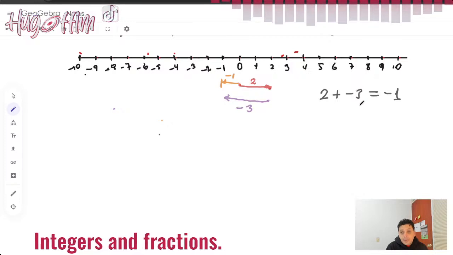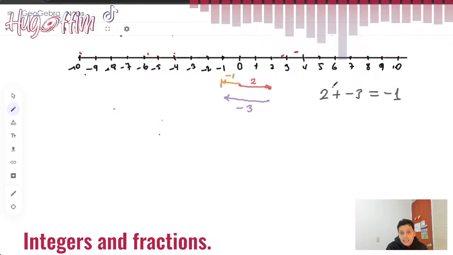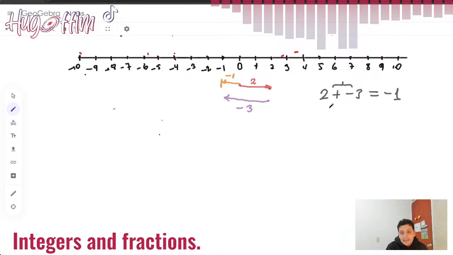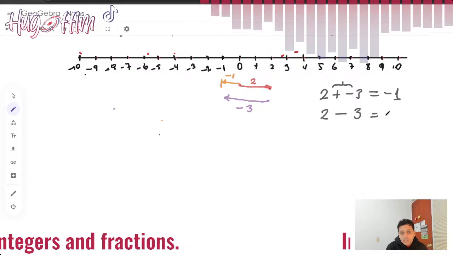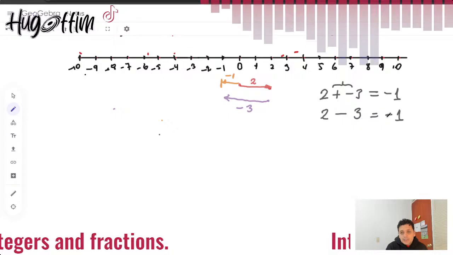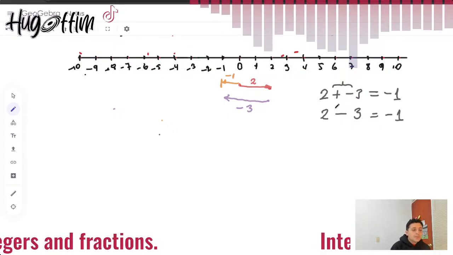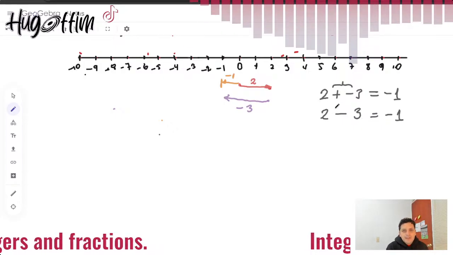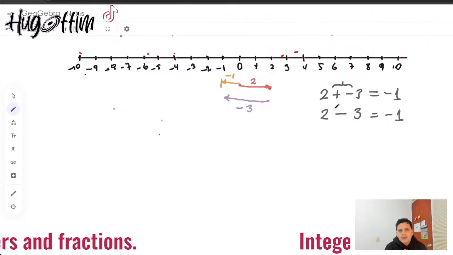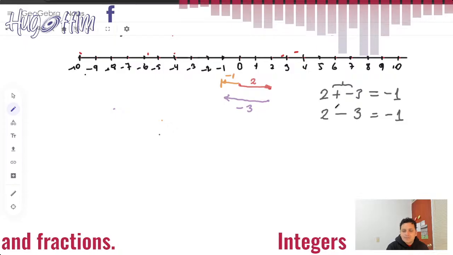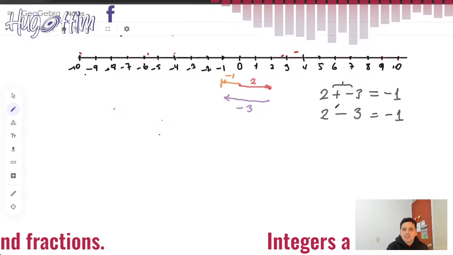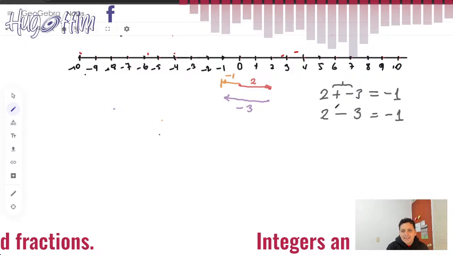However, you can also understand that adding a negative is the same as subtracting a positive number. So 2 minus 3 is going to be negative 1. Here is when you can avoid thinking about whether it's subtracting or whether it's negative. Both are the same idea. Subtracting is the same as adding a negative.